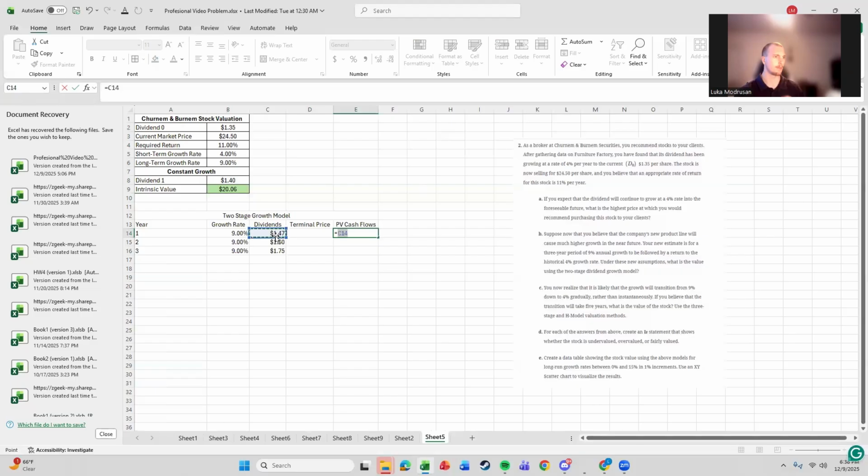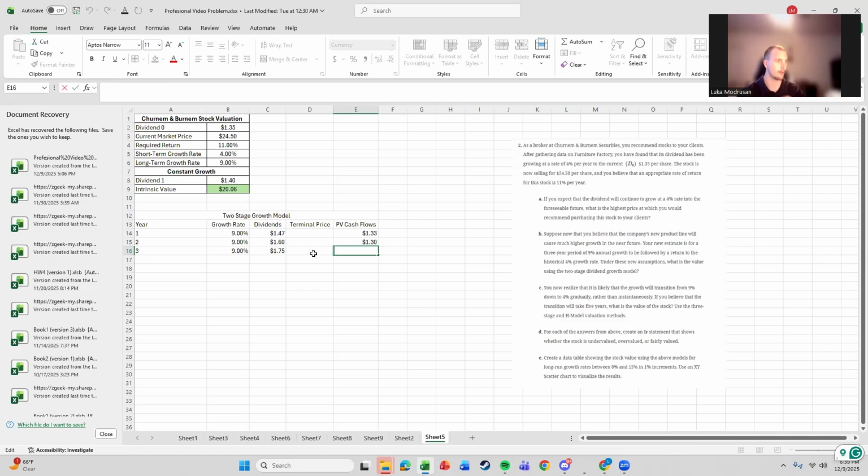Present value of the cash flows divided by return plus 1 to the power of the first year, just like that. And then make sure to lock that. Perfect. All right, drag that down. Okay. It's looking good.